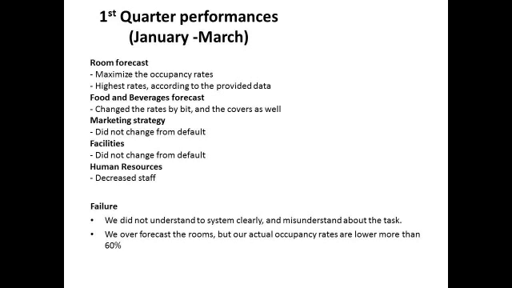In the end, we did not achieve what we were aiming for. Our occupancy rate was about 90% to 100%, and we only earned less than 40%, which is very bad. Because we didn't understand the system well, we'll improve for our next performance.